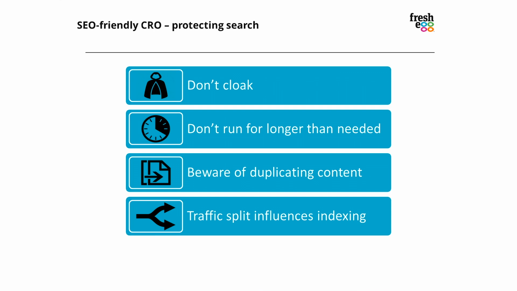So if you don't want a new variation page to be indexed by search engines, and they can execute JavaScript, so they can understand what the experience on a page is being offered to users, don't show that experience to a larger proportion of the traffic than the page you want to be indexed. So if you're running an A/B test with your original page and your new page, you wouldn't want to show 51% or more to the new page, because then you run a risk of that page being indexed by search engines.